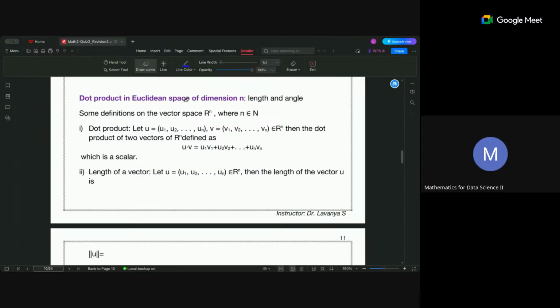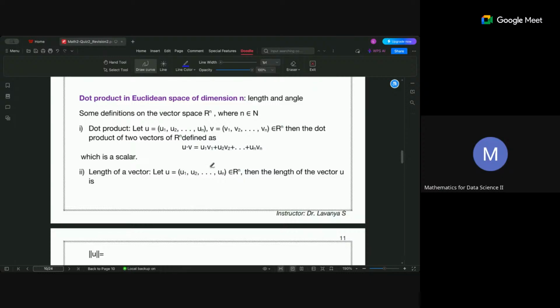So far, only the relationships between vectors like adding, scaling, and transformation. Now we are going to look at length and angle. That is why we are now introducing the dot product here.